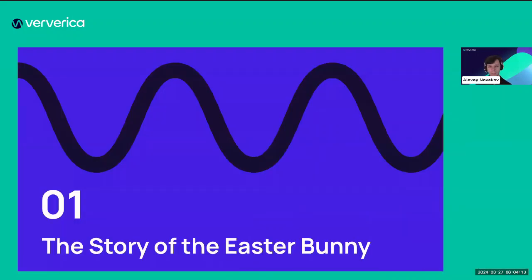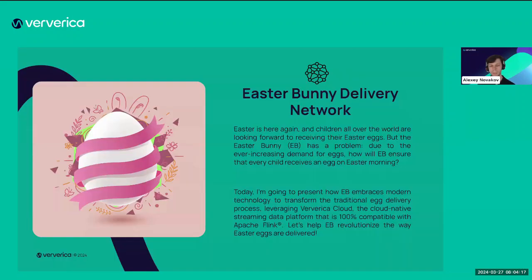So let's start then. The first part is the story of the Easter Bunny. We are right before the Easter holidays, and you might know that for every Easter, parents may hide Easter eggs for their children in different places, in gardens and other locations.